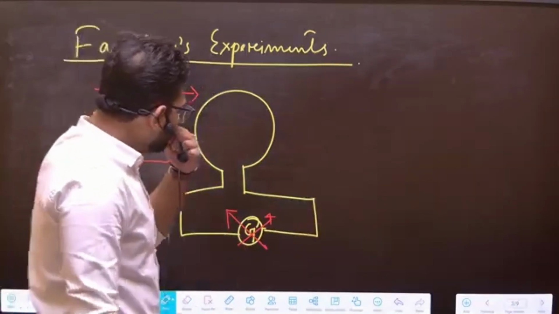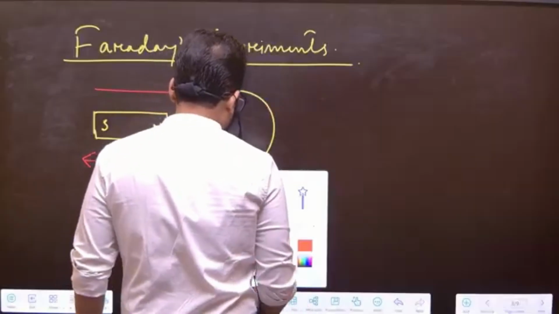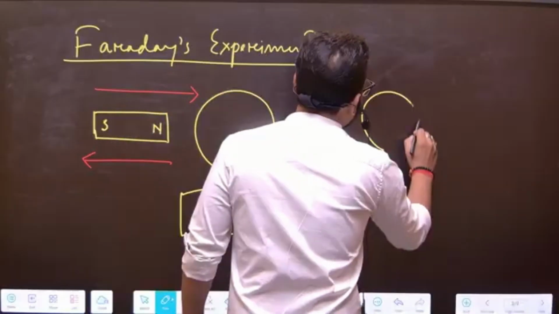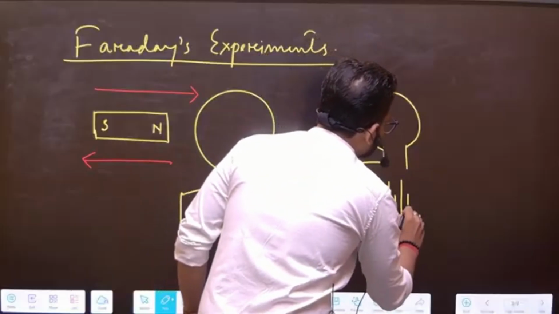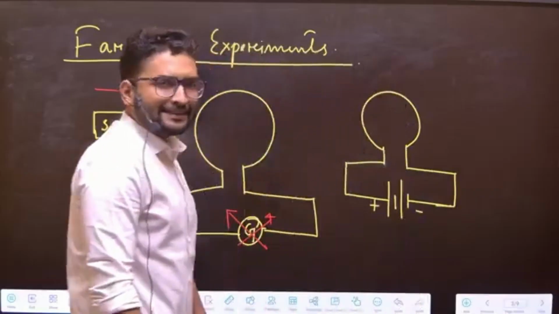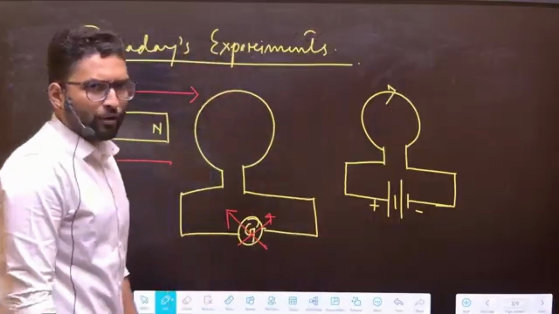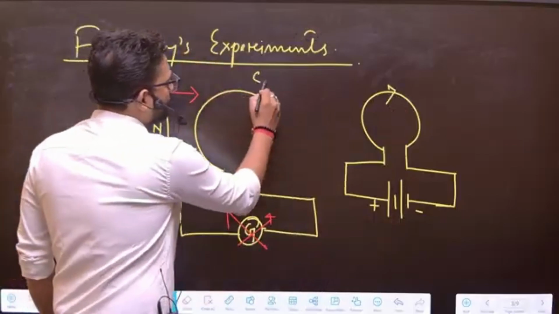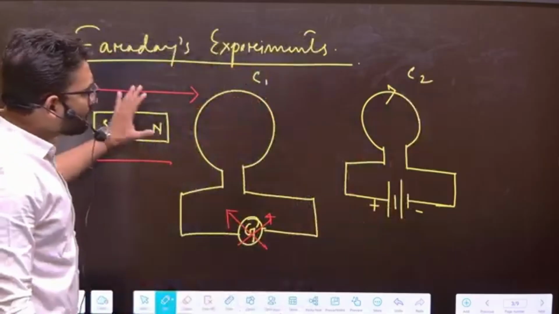So next up, we again take another coil. Now with this coil, there is a battery connected to it, like this. There is a battery connected to it, so of course current will be flowing through this coil. Let's call it C1 and let's call it C2. So leave the magnet.